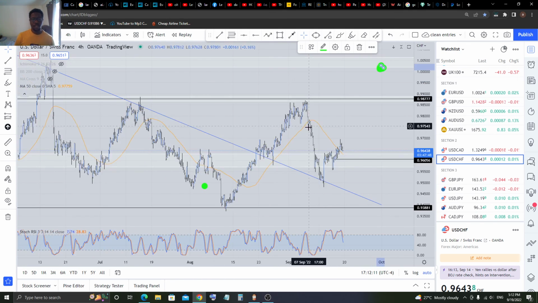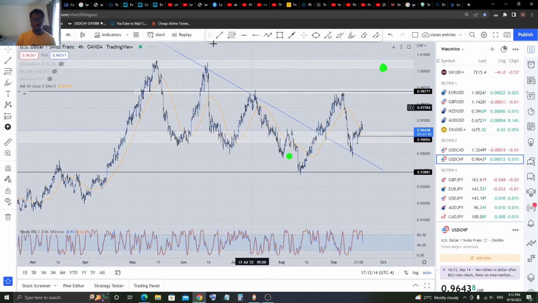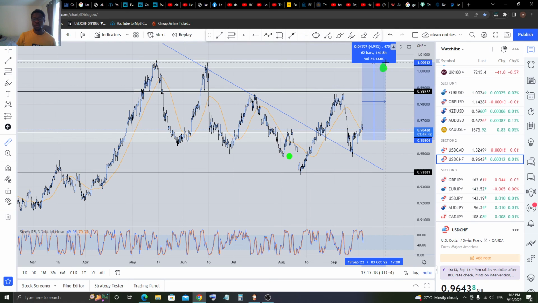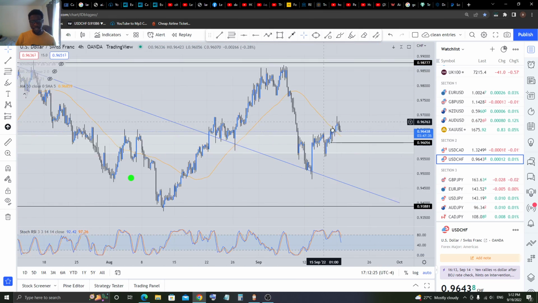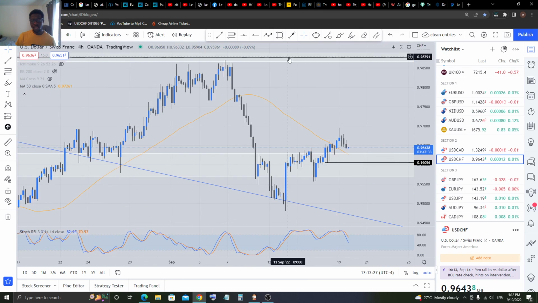I was telling you that there are two trend lines. This trend line literally tells me that price is going all the way up here, to 100% retracement, right here. And then there is another trend line telling me that price is gonna be here. That trend line is this one.